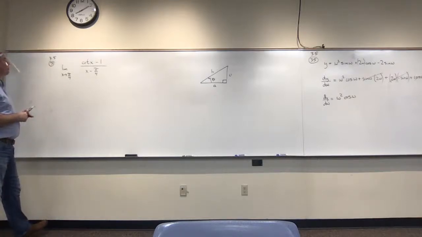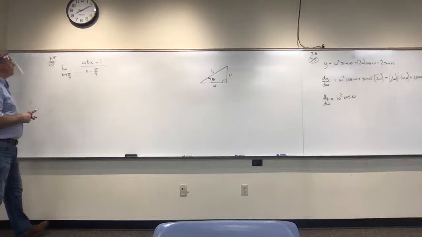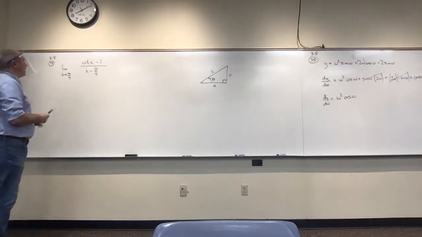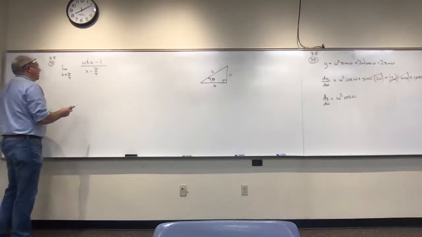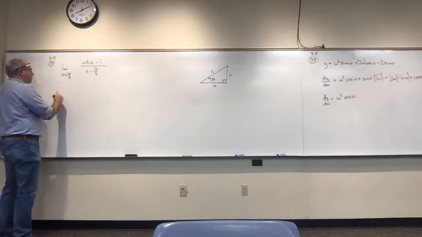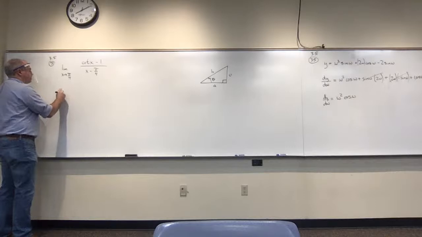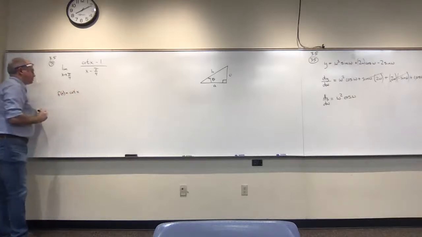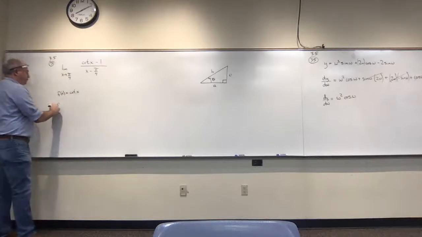What if I were taking the derivative of cotangent at the point pi over 4? Then what would I actually get? So let's say that f of x were equal to cotangent of x. Then what would be f prime of pi over 4?